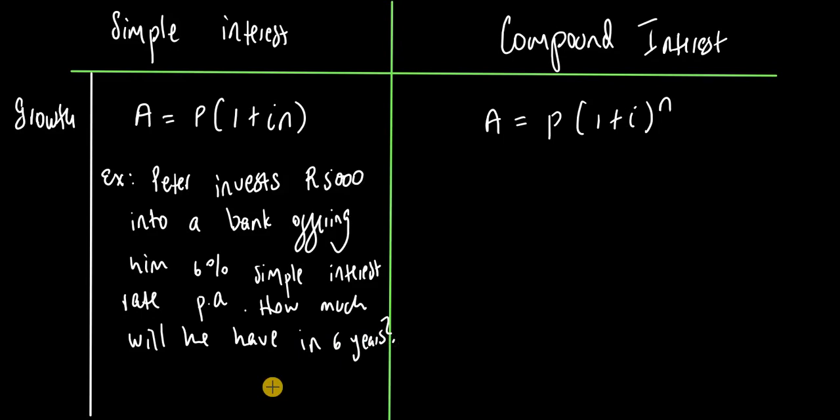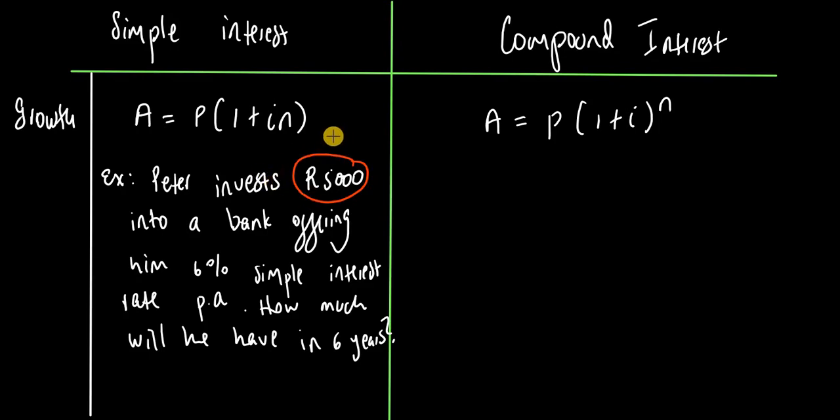Right? So, quite a nice simple question because we're dealing with simple interest. The most important thing is to identify your variables. Since he invested 5,000, that's the money that he starts with, your initial investment. We call it your principal amount.